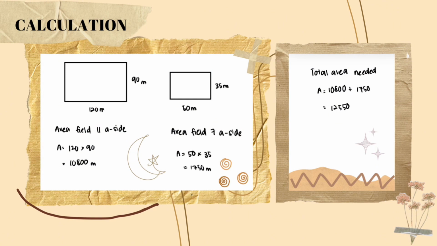Same for the 7-a-side field, where the length is 50 meters and the width is 35 meters, and the area is 1,750 meters squared. Last, I calculate the total area needed by combining the areas, and the answer is 12,550.